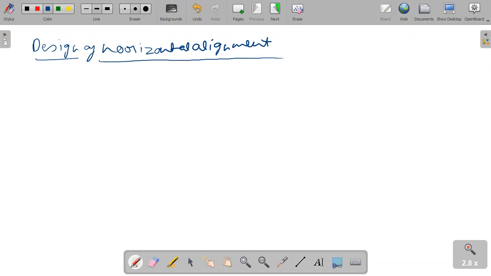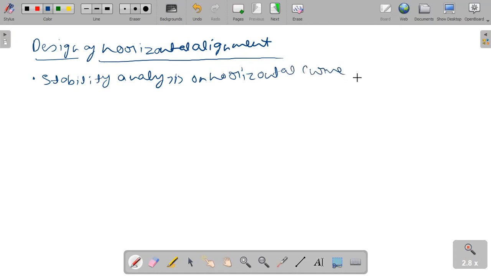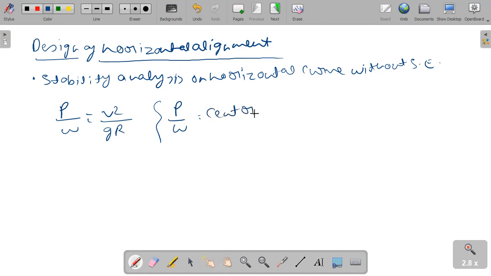So basically, for the stability analysis on a horizontal curve without super elevation, we have one formula, which is P by W is equal to V square by GR, where P by W is the centrifugal ratio.